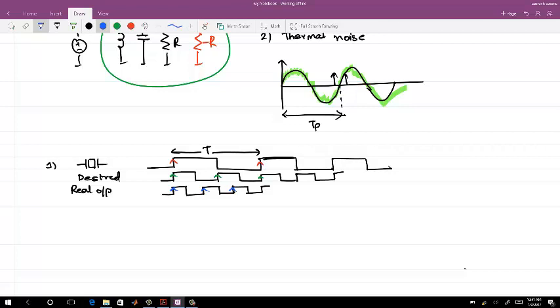If I ask you how you can find the error, what should be the methodology? You have an absolute time reference. Whenever a rising edge comes on the reference, there is a beep sound, and there is a different oscillator, and whenever its rising edge comes, there is another beep sound.